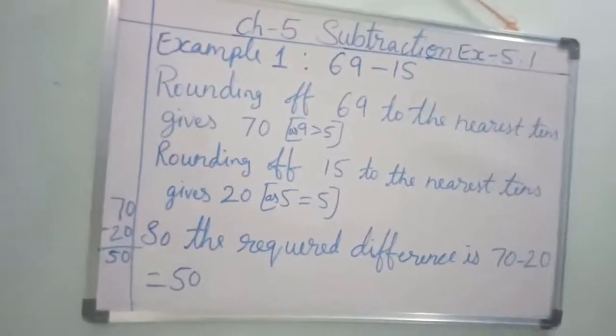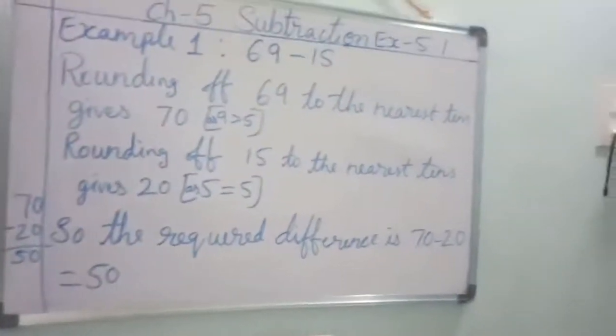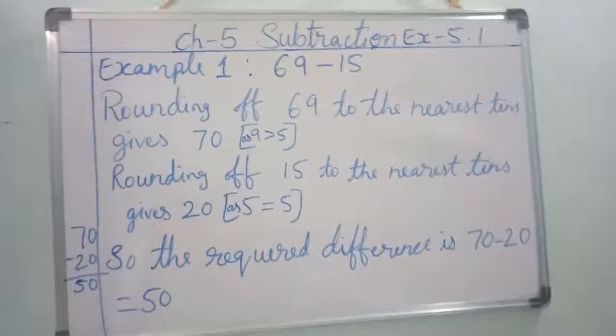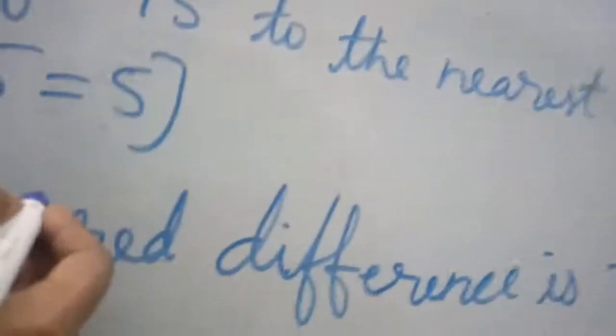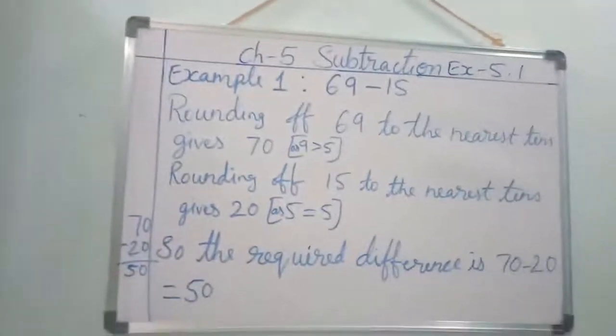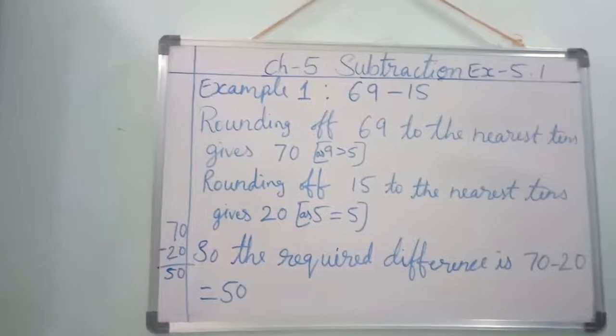As 5 equal to 5. So the required difference is 70 minus 20 is equal to 50.